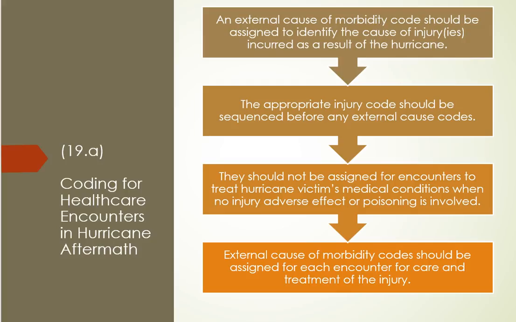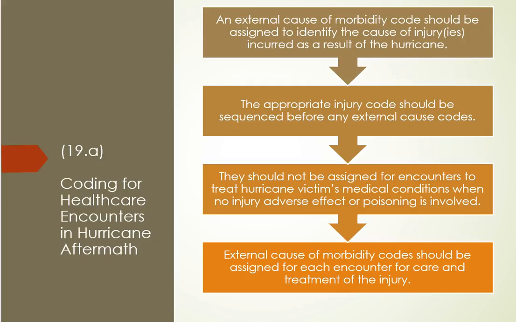So this particular guideline focuses on the use of external cause morbidity codes. The external cause morbidity codes should be assigned to identify the cause of injury or injuries incurred as a result of a hurricane. The use of these codes, it should be noted, is supplemental to the application of the ICD-10-CM codes.